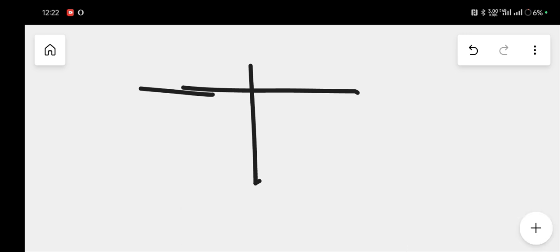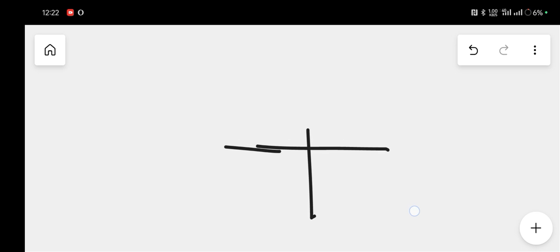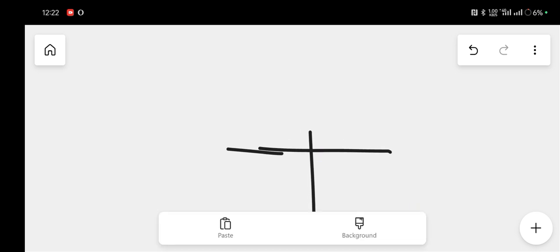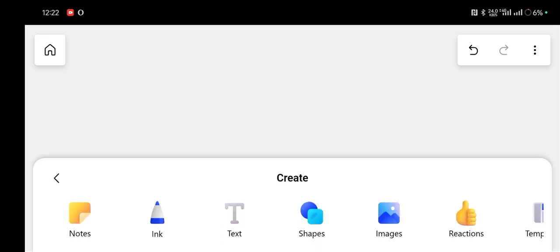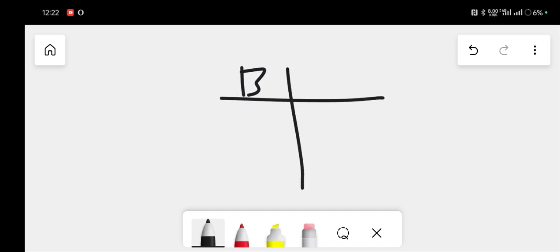I'm just trying to make this very easy for everyone. So let's say we have a breakout here. This is a breakout and this is a fake breakout. Are you getting me?